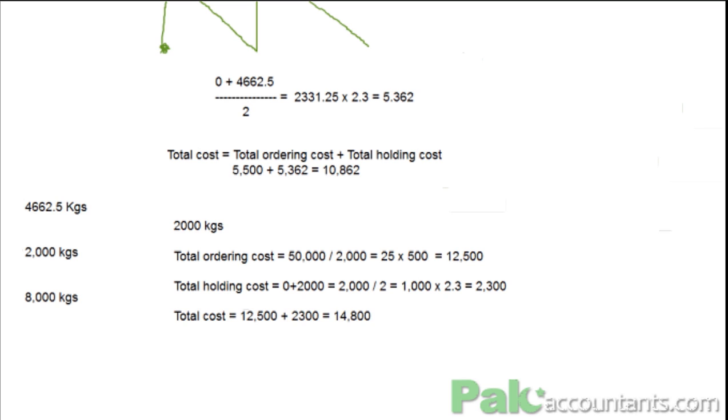Okay. We want to check whether with 8,000 kgs, your total ordering cost in this case will be, sorry, number of orders. I have to make an amendment here as well. Number of orders should be 50,000 divided by 8,000.